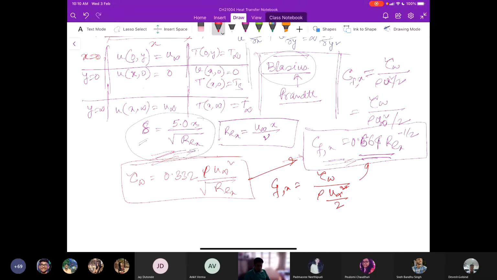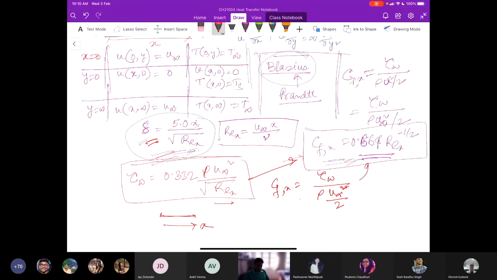So the bottom line from the last class was that this local friction factor decreases along the distance from the leading edge of the plate as you go in the x direction, but the boundary layer thickness increases.